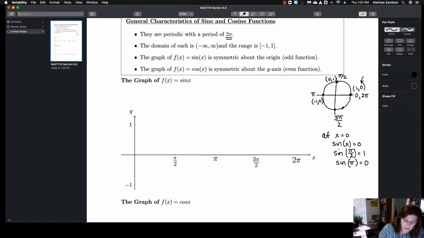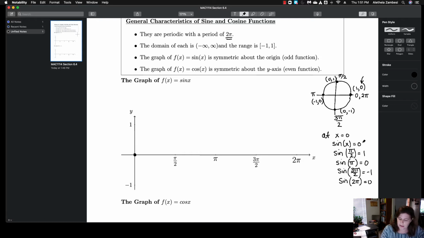At 3 pi over 2, the coordinate is 0, -1, so the sine of 3 pi over 2 is equal to -1. Moving back to 2 pi, sine of 2 pi is coterminal with 0, so we get 0 again.